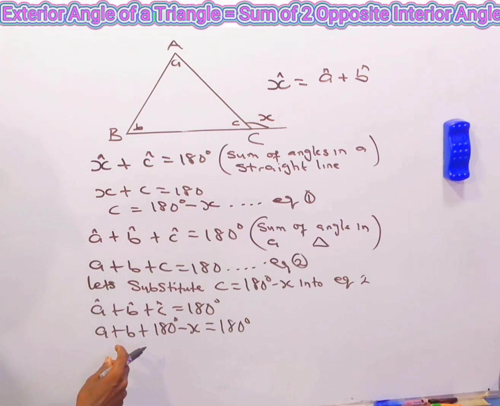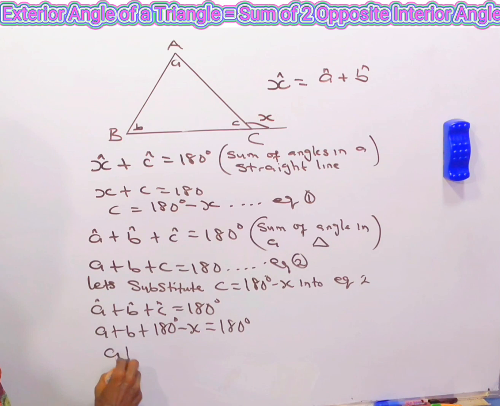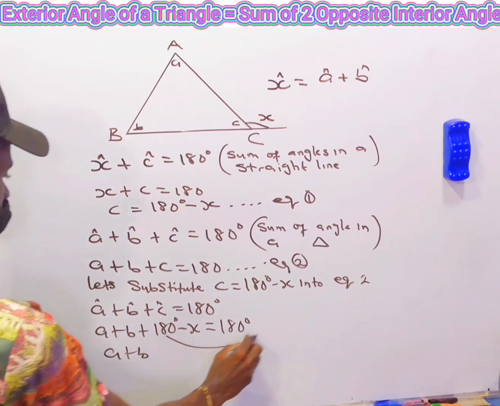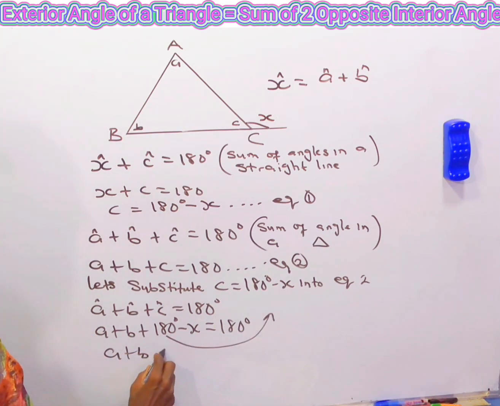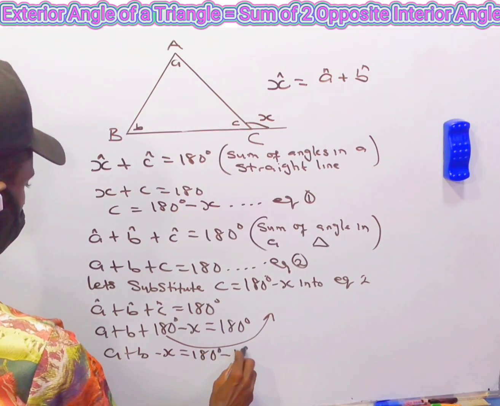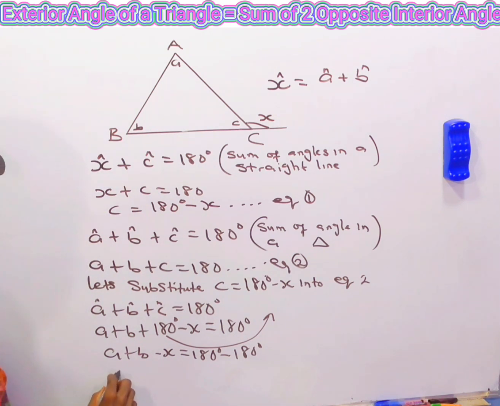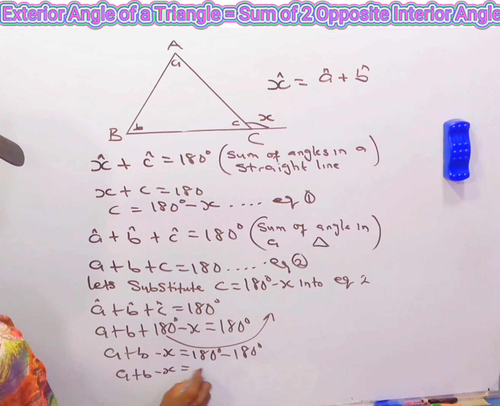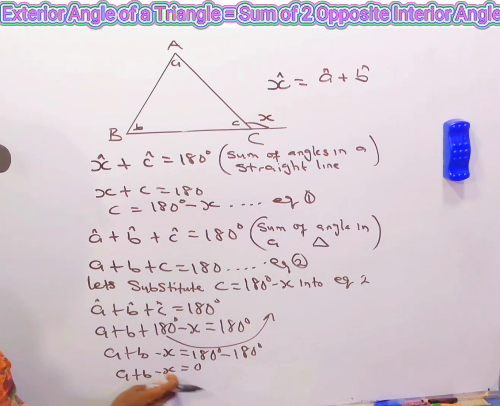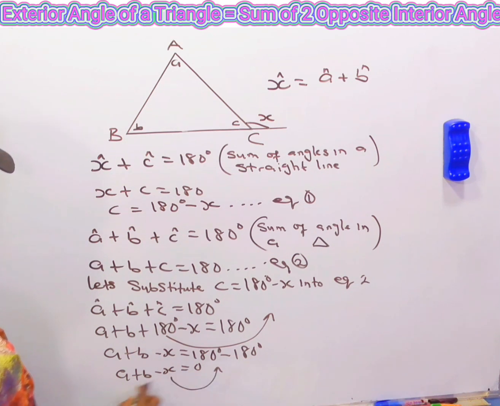Now, let's move 180 degrees to the other side. We'll have A plus B. Moving this here, we'll now be left with negative X equals 180 degrees minus 180 degrees. 180 minus 180 becomes 0. So we'll have A plus B minus X is equal to 0. Now let's move negative X to the other side.